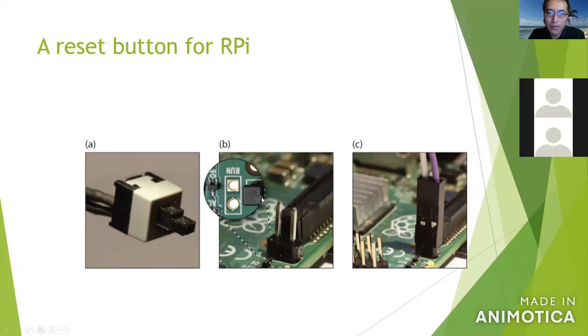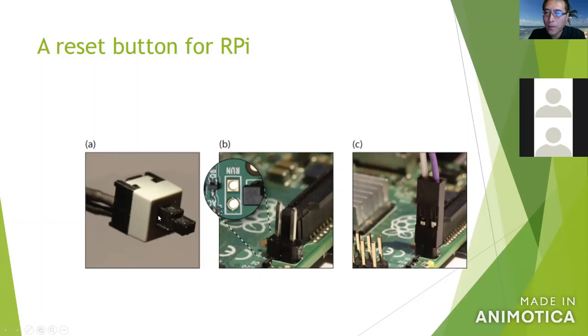In fact, even though Raspberry Pi doesn't provide a reset button, we can make our own reset button by adding a connector to provide a possible way to short these two points. Okay, so you can see this is a connector. These two connectors can be connected to a button.